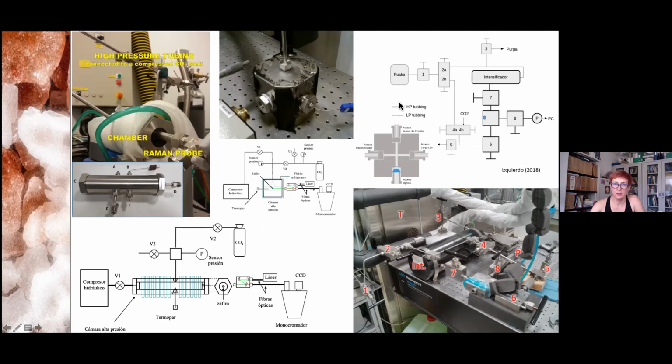And the third setup is to go to 1 gigapascal, so we can reach the ocean on Ganymede and the base of its crust. Again, it has different ports, and one of them has a sapphire window, mainly for spectroscopy.